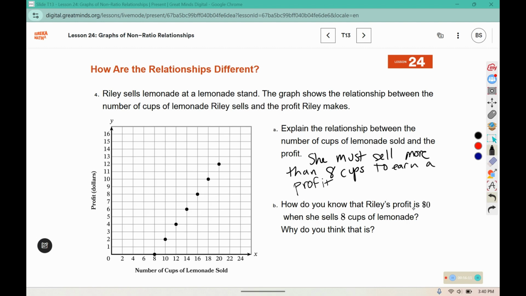How do you know that Riley's profit is $0 when she sells 8 cups of lemonade? Because this is the point 8, 0, and the x-axis is labeled cups, and the y-axis is labeled profit.